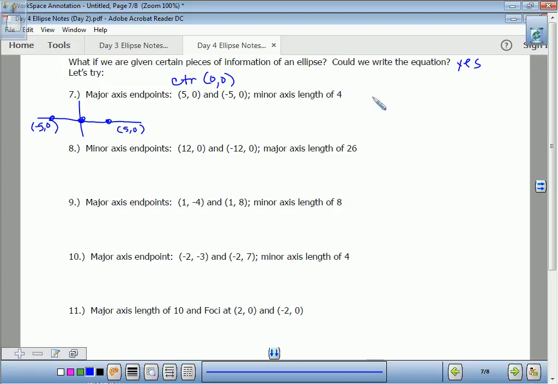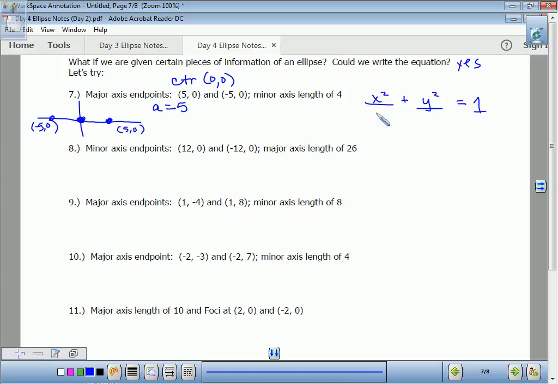So I have enough information to get a good start on my equation. x squared, yep. Okay, now, the only other two things I need are a and b. a is the distance from the center to an endpoint of the major. It's 5. So I can tell a is 5.